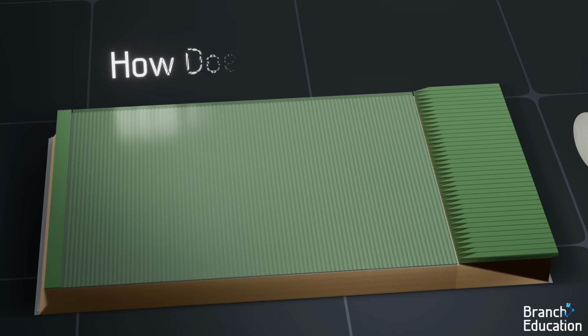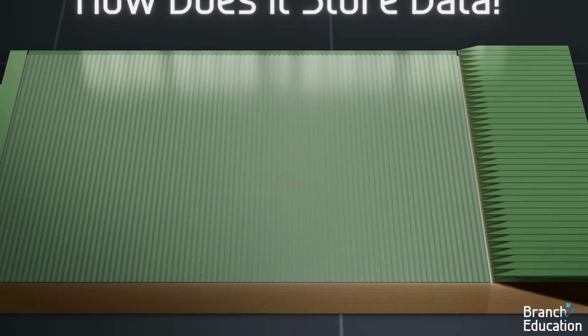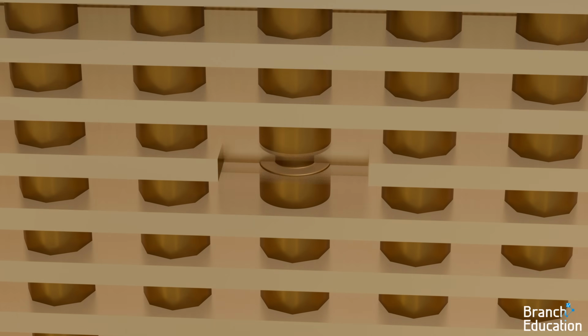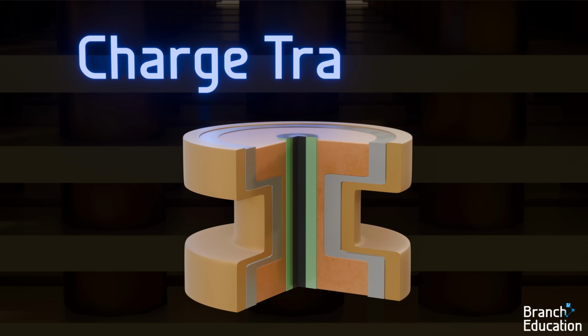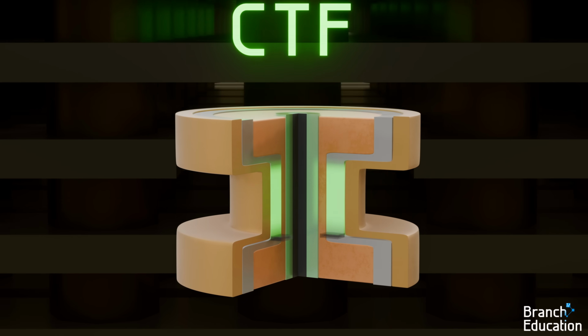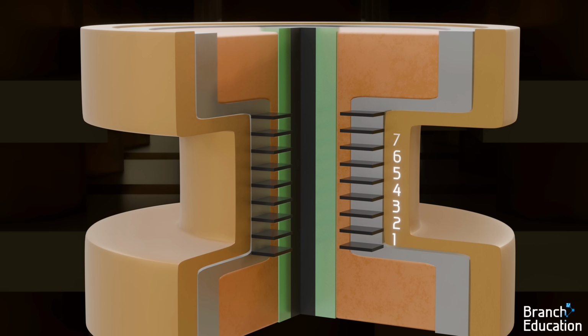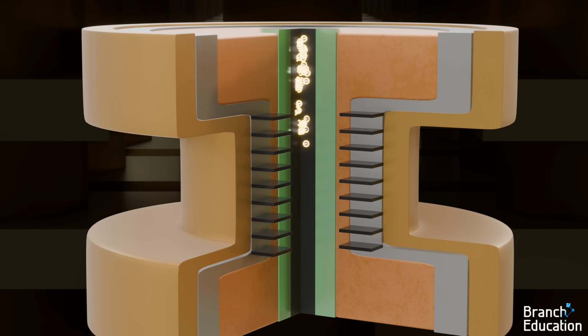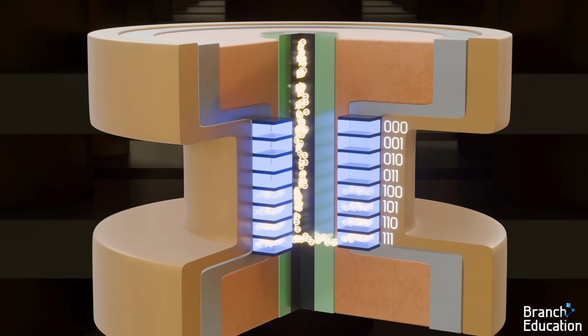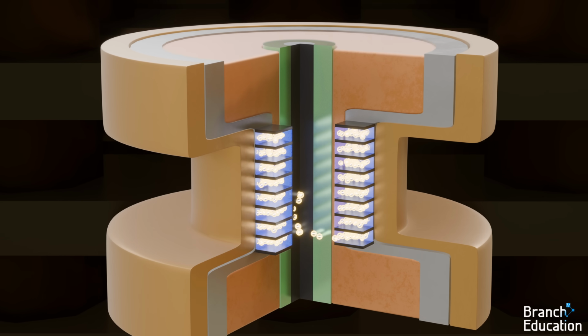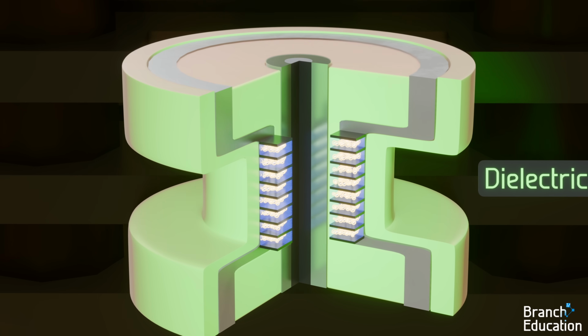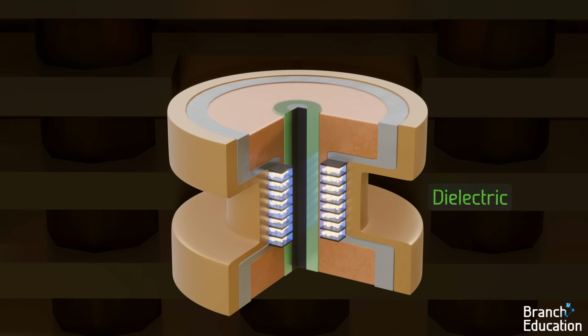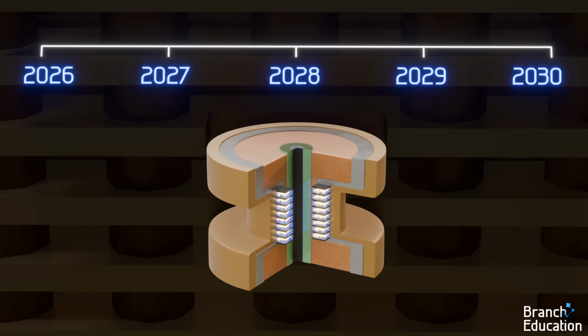But how does it physically store data? Well, let's zoom in to see a single memory cell called Charge Trap Flash, or CTF, which stores data by trapping 8 distinct amounts of charge or electrons corresponding to 3 bits of data. The electrons are held in a charge trap surrounded by an insulating dielectric, enabling data to be stored for years without external power.